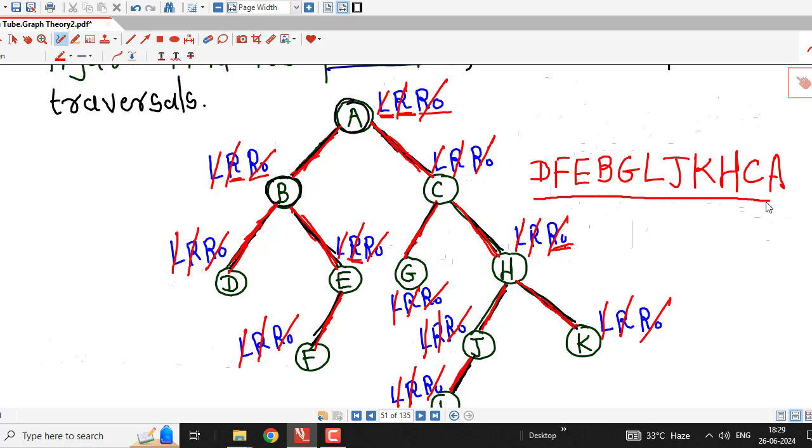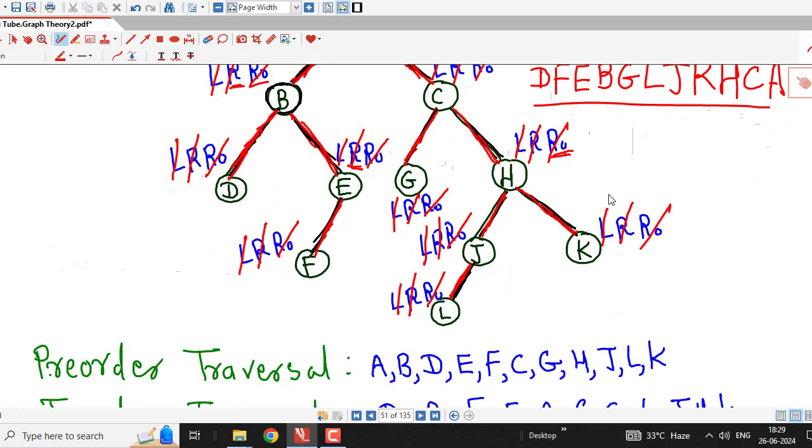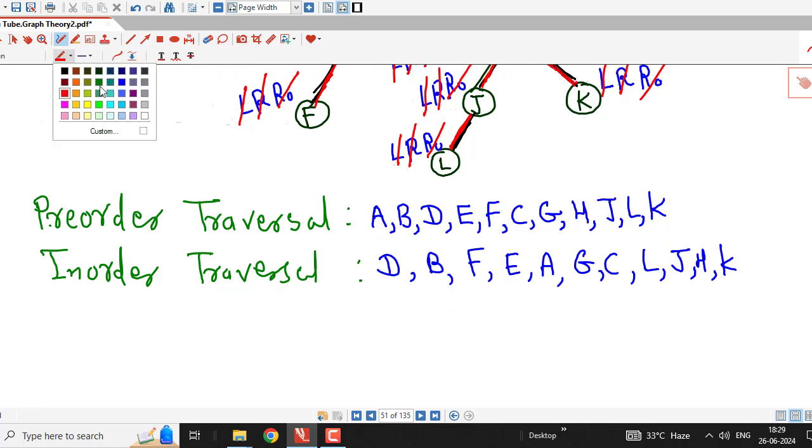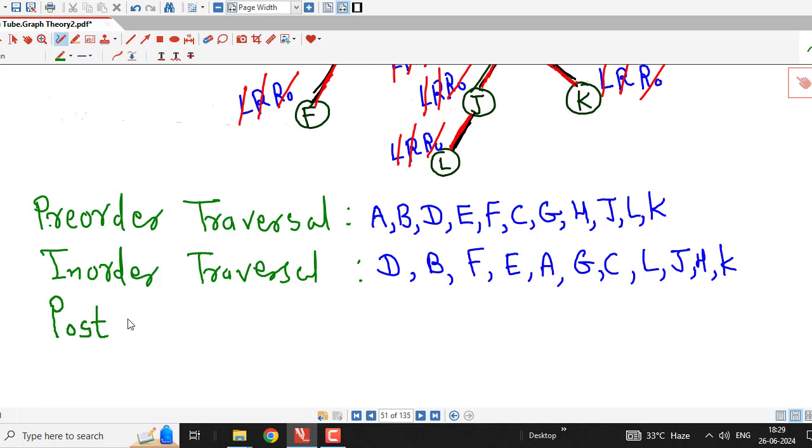So this is our pre-order traversal for the same, not pre-order, it is post-order traversal. So let me write post-order traversal which we have obtained here using the post-order traversal algorithm.